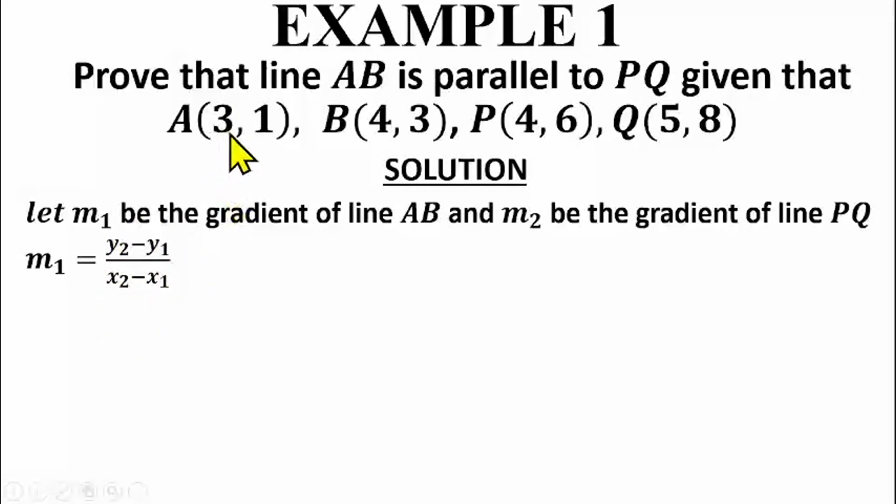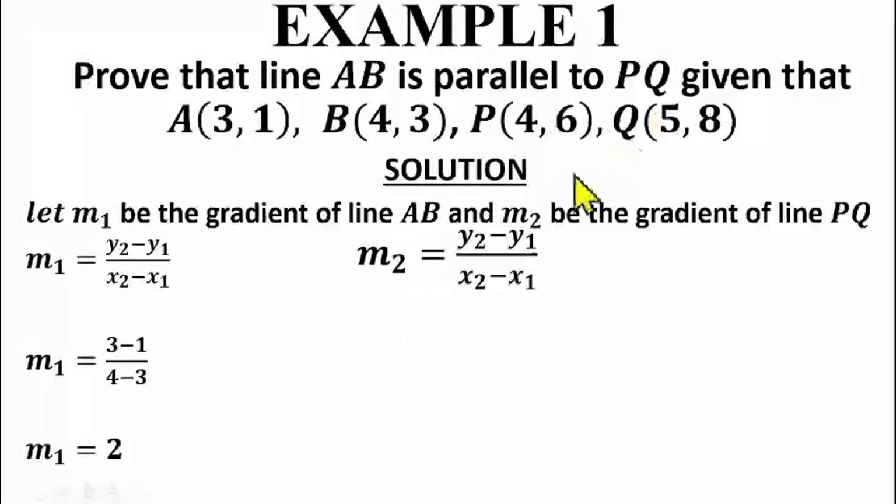For line AB, y2 is 3, y1 is 1, s2 is 4, and s1 is 3. Substituting, M1 is 3 minus 1 over 4 minus 3, which is 2 over 1, that is 2. So the gradient of line AB is 2. Okay, let's find the gradient of line PQ as well, which is M2.